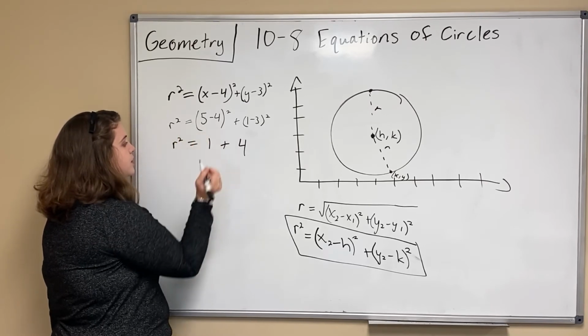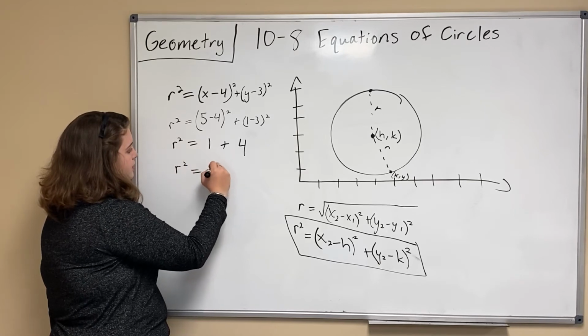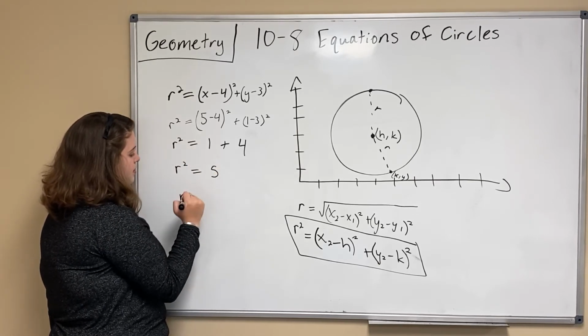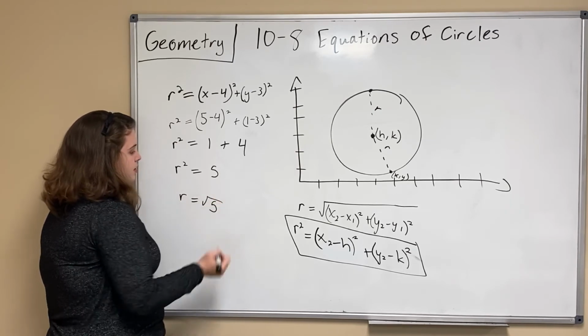So my r squared equals 1 plus 4. My r squared equals 5. My r equals the square root of 5.